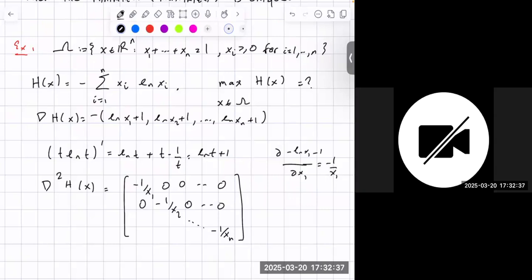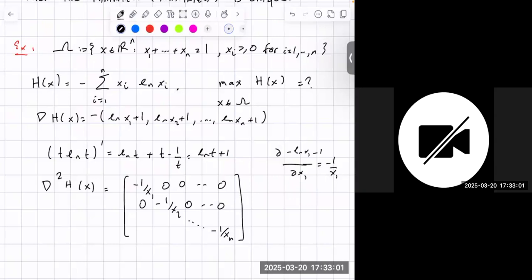Now you're going to take the second derivative to get the Hessian matrix. Derivative of 1 is 0. Derivative of ln is 1 over t. And with the minus I forgot, I'll get minus 1 over something. That's how the Hessian is going to look.